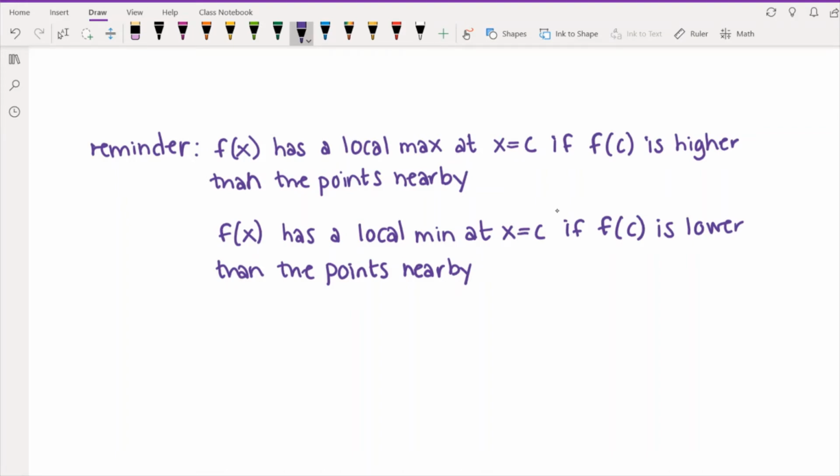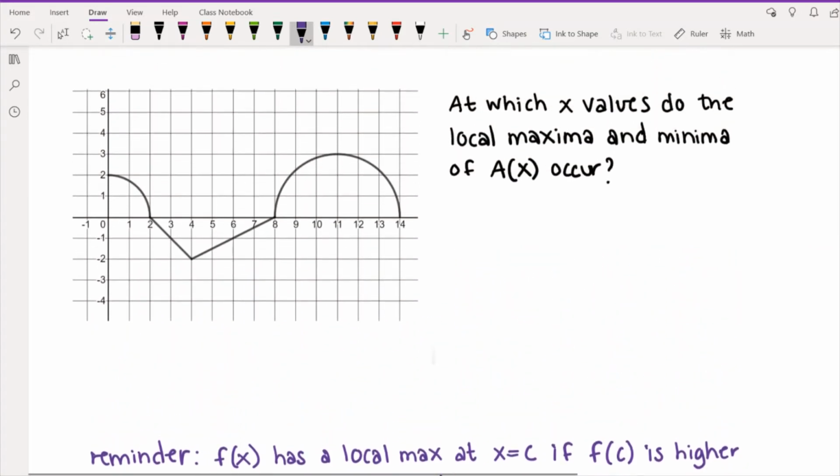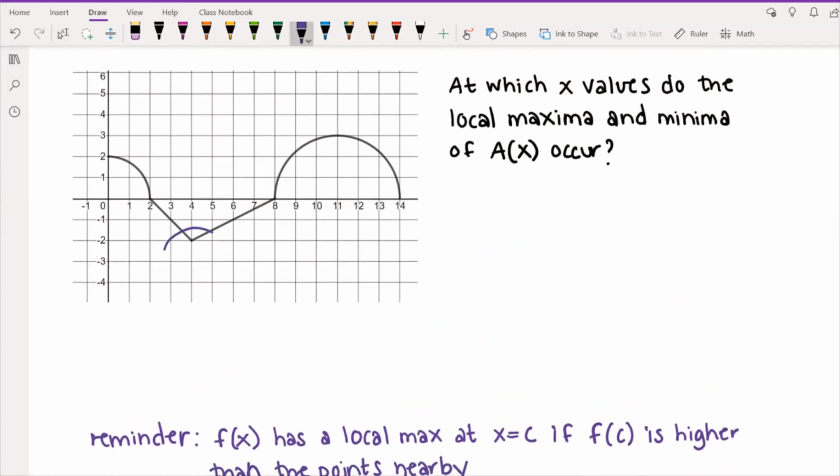And that's what we're going to keep in mind when we answer this question. Again, it's really easy to get confused and say, oh, local min, local max, but that's not true in this case, because we're not looking for the local maxima and minima of this function that's graphed here. We're looking for the local maxima and minima of the area function.